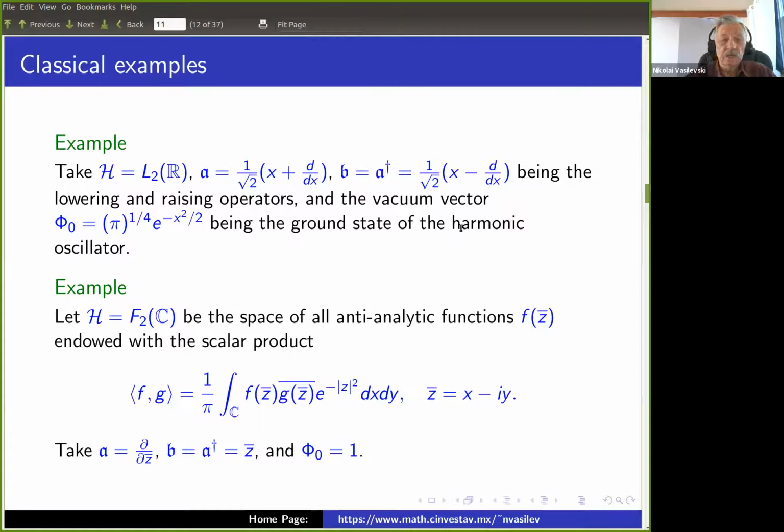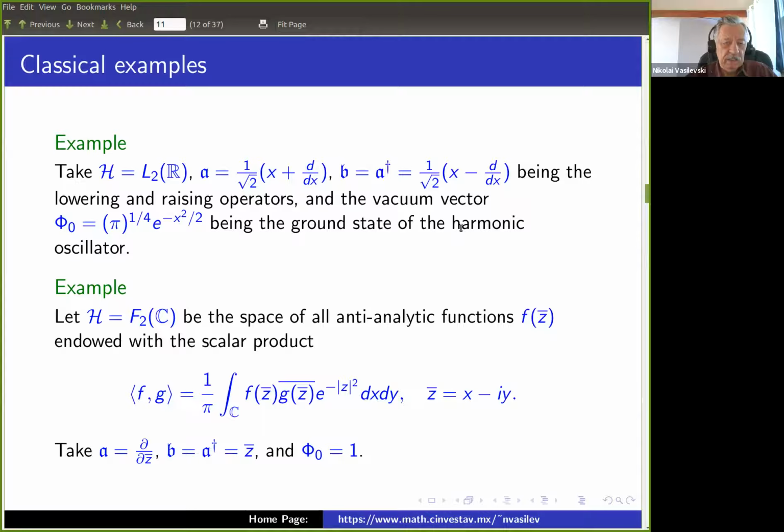Another well-known example was constructed by Berezin. The space H is a Hilbert space of all anti-analytic functions endowed with the following scalar product. The operator A is the derivative with respect to z.